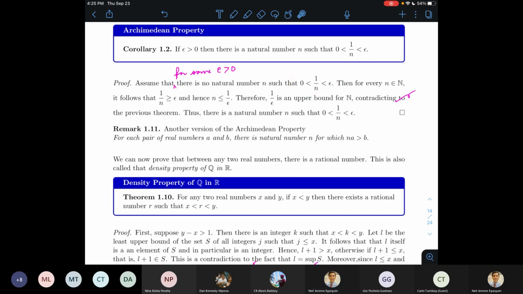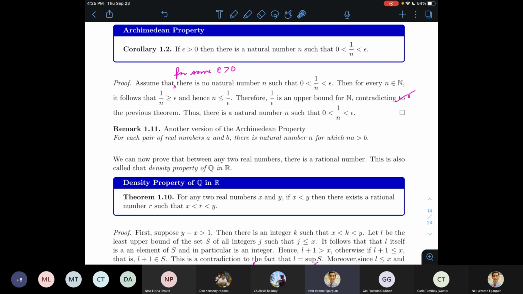Okay? And if that is our assumption, then for this specific epsilon, sa lahat ng n, laging mas malaki or equal to epsilon yung 1 over n. Again, this is what is meant by our supposition kanina.